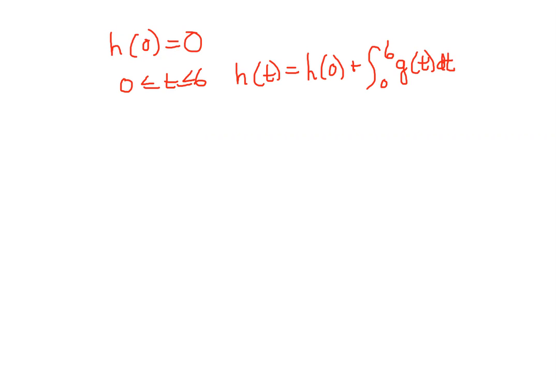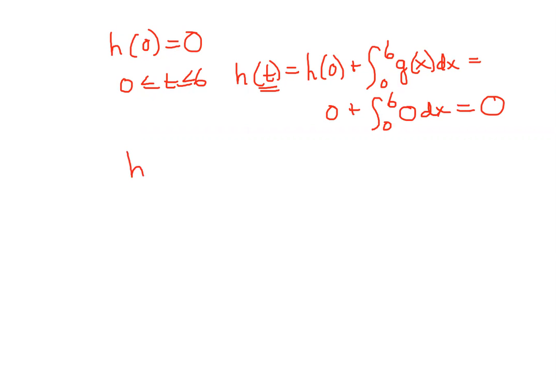We shouldn't use t for the variable inside, because t is our value over here, so use something else. And that equals 0, plus the integral from 0 to 6 of 0 dx, which is just 0. Okay, she doesn't remove anything.